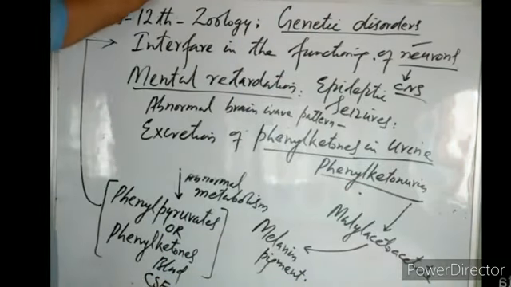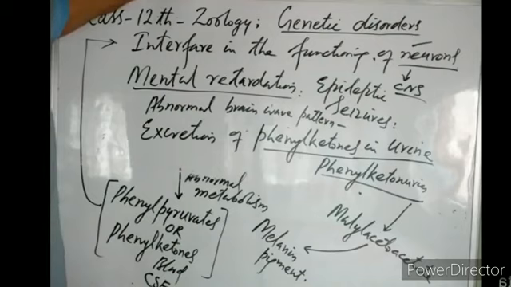So when the phenylalanine amino acid is not metabolized normally, it suffers abnormal metabolism. Instead of being converted into tyrosine, it gets converted into phenylketones or phenylpyruvates.